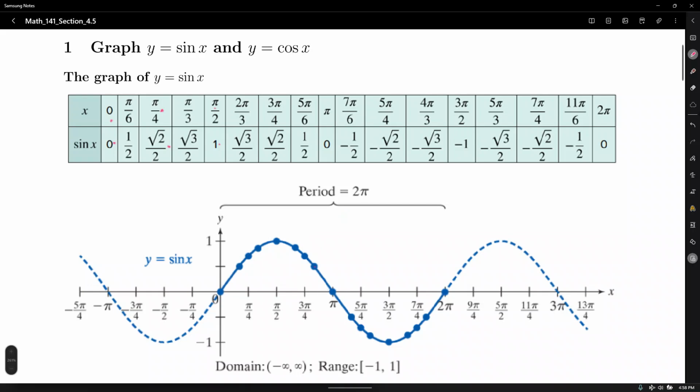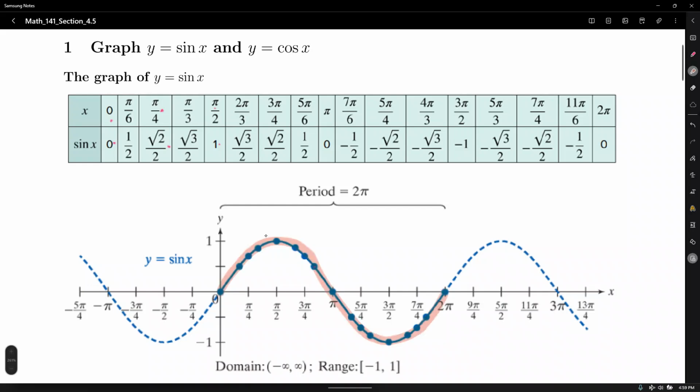So now one of the properties that we have discussed about these trigonometric functions is that they are periodic functions, and in particular the sine function and the cosine function have a period of 2 pi. What does that mean? Well, let me highlight one of the periods of the graph of the sine function.